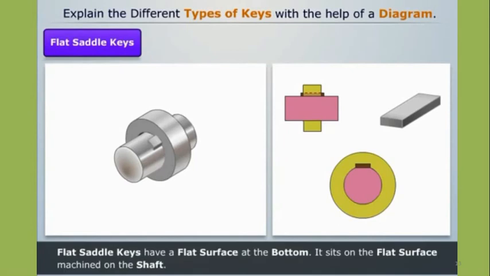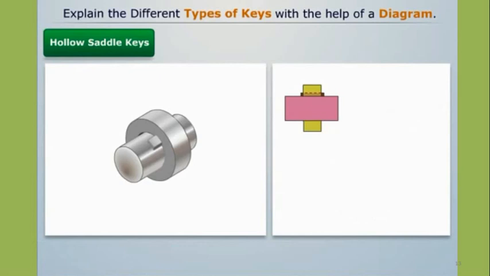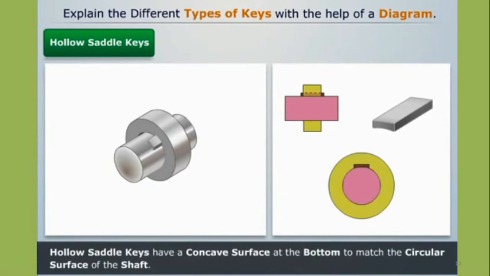Flat saddle keys have a flat surface at the bottom, and it sits on the flat surface machined on the shaft. It is likely to slip round the shaft under load, so it is used for comparatively lighter loads. Hollow saddle keys have a concave surface at the bottom to match the circular surface of the shaft.